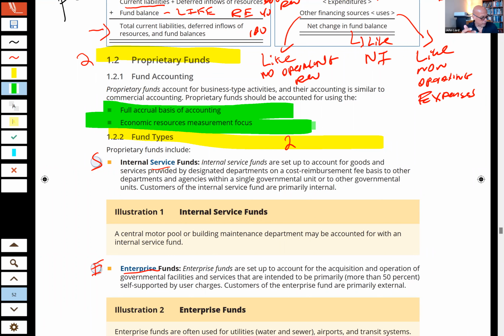Now, internal service funds are set up to account for goods and services provided by designated departments on a cost reimbursement fee basis to other departments and agencies within a single governmental unit. They talk about a motor pool. Now, do cities own vehicles?